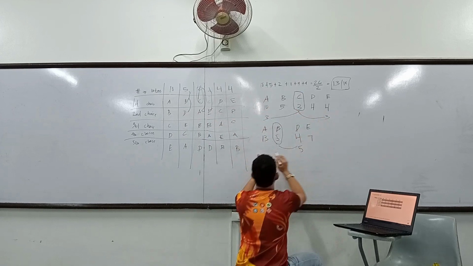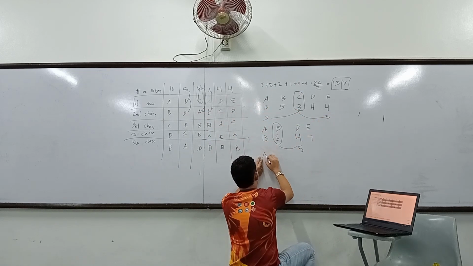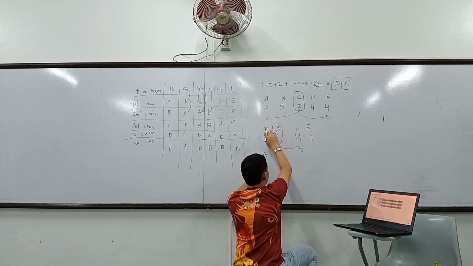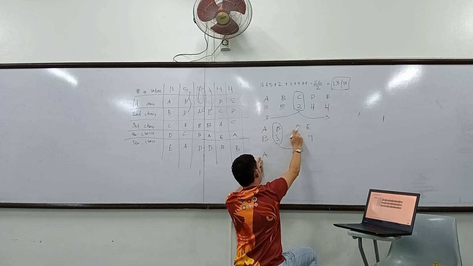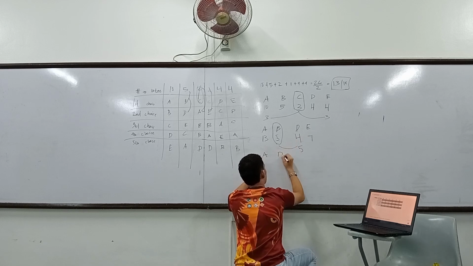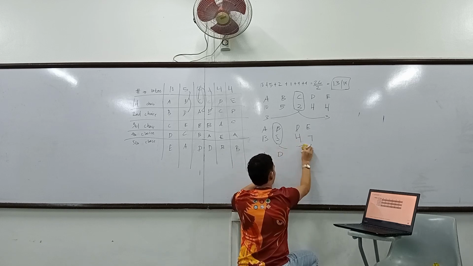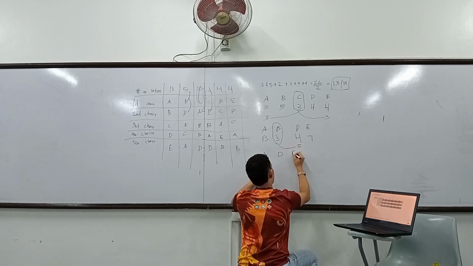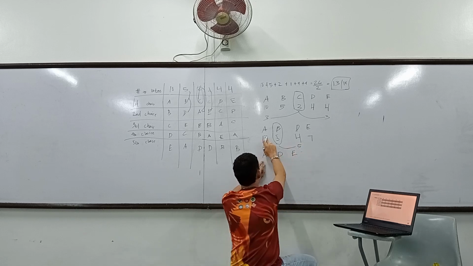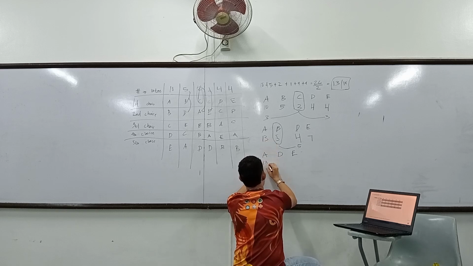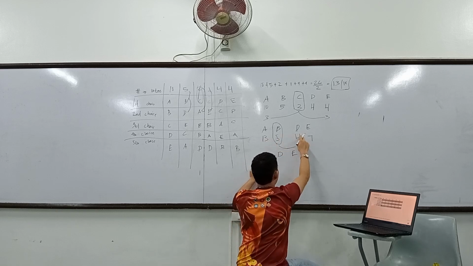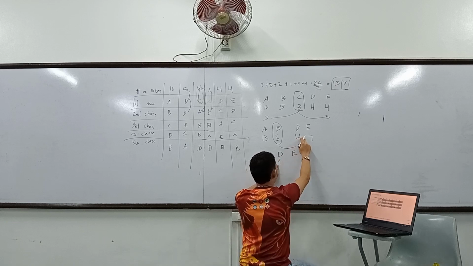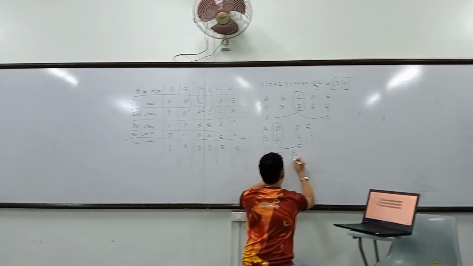Same process. Candidate letter B is also eliminated. There are 3 candidates remaining, A, B, and E. So candidate letter A got 13 votes, candidate letter B got 9, and candidate letter E got 7 votes.